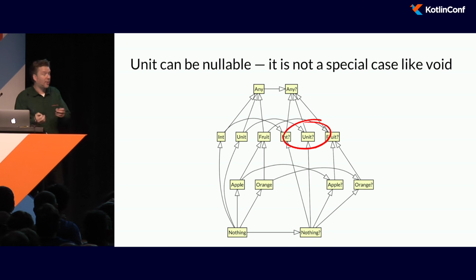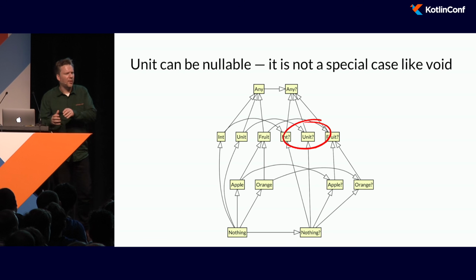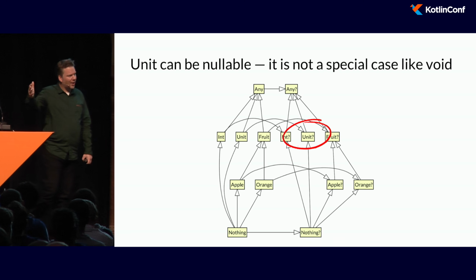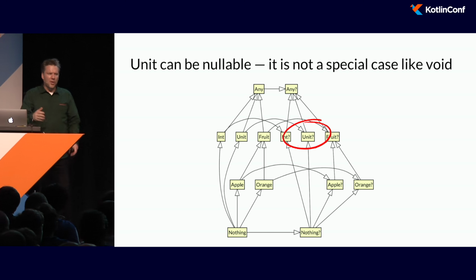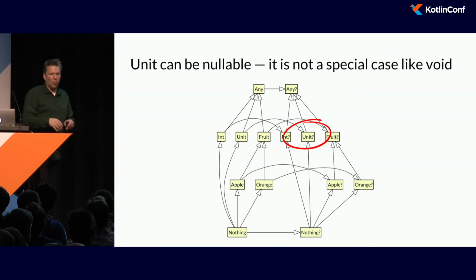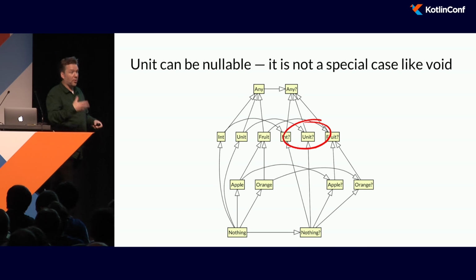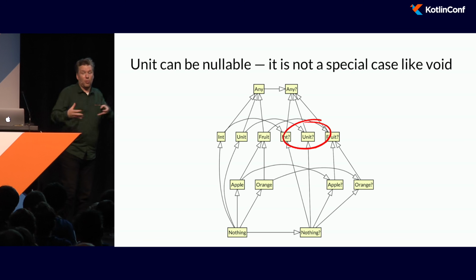It's not a special case like void in Java. Usually the standard library has better ways of doing things. You could map a procedure over a collection and end up with a collection of references to the Unit singleton, but it's probably better to use a library feature like forEach to perform something and not create a load of garbage.